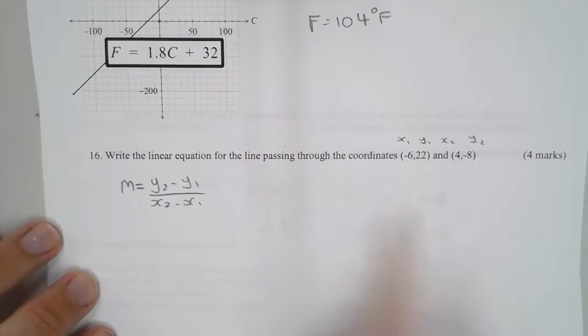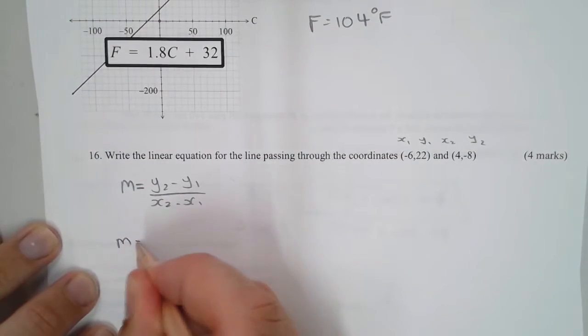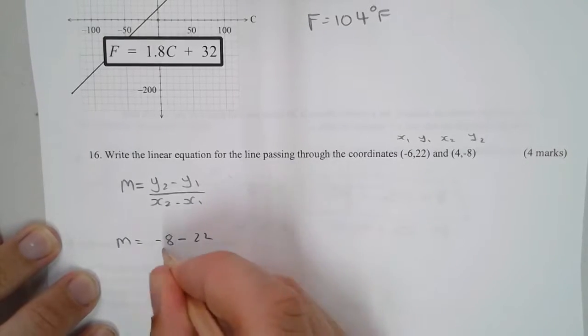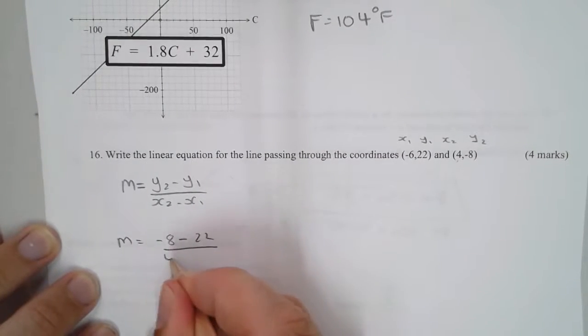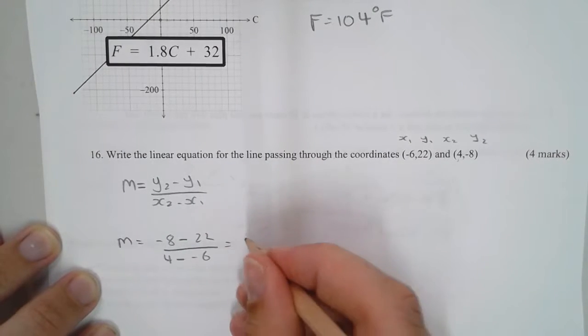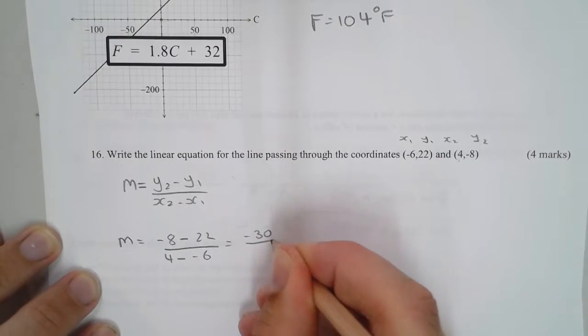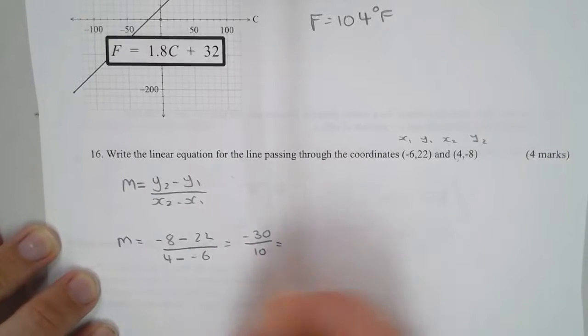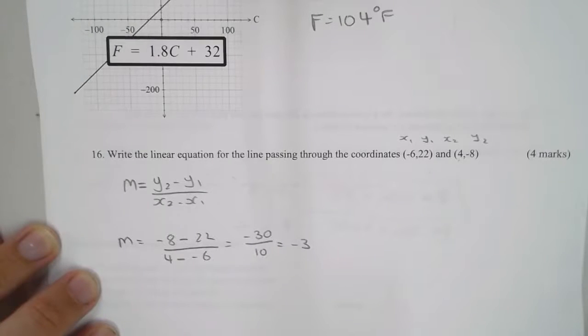Now all you've got to do is substitute them in. So you get minus 8 take away 22 divided by 4 take away minus 6, so that becomes minus 30. Now two negatives make a positive, so that's 10, so therefore the gradient is negative 3.